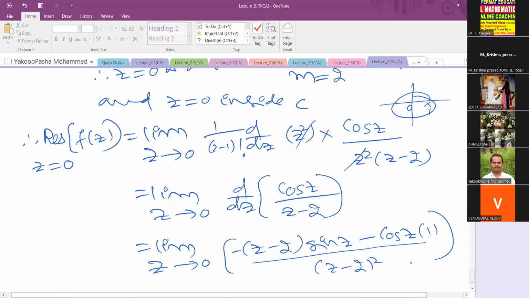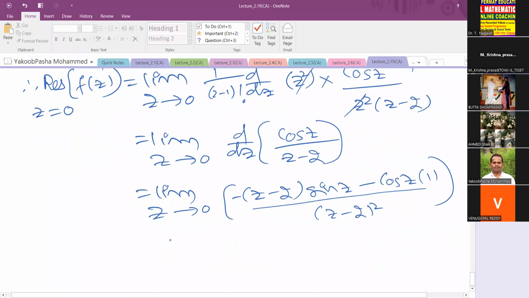Now apply z tends to 0 in this. sin 0 is 0, so minus 2 into 0 is 0. Minus cos 0 is 1. Denominator is (minus 2) whole square, which is 4. So this is equal to minus 1 by 4. This is the residue.